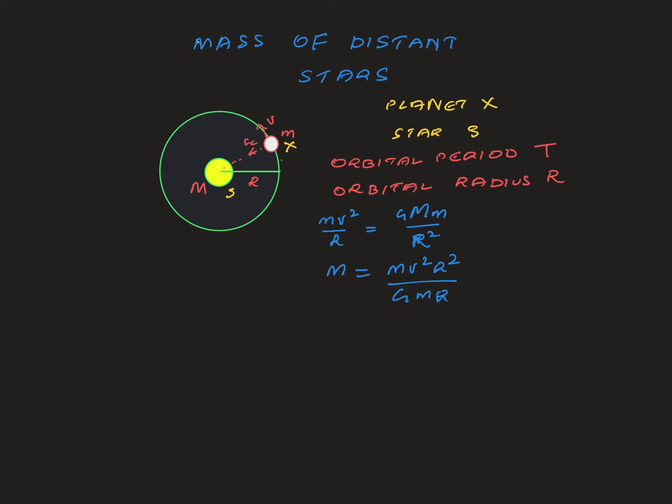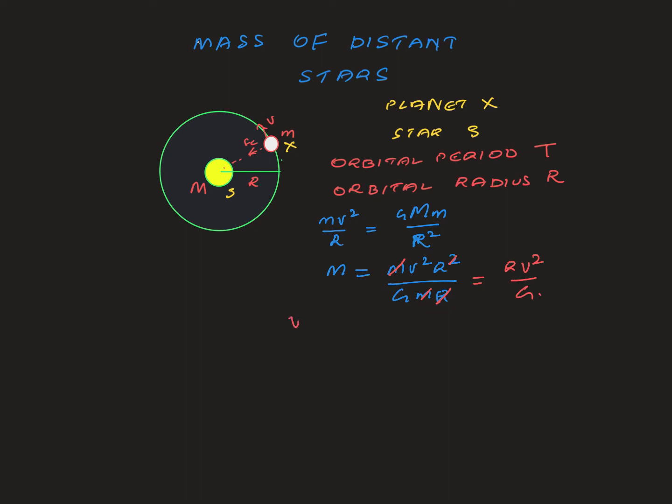In this case, the r will cancel out, and the m will cancel each other. So what we have got here is R v squared divided by G.